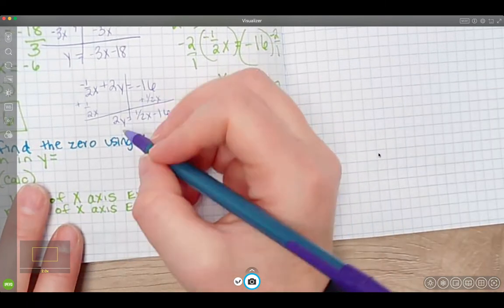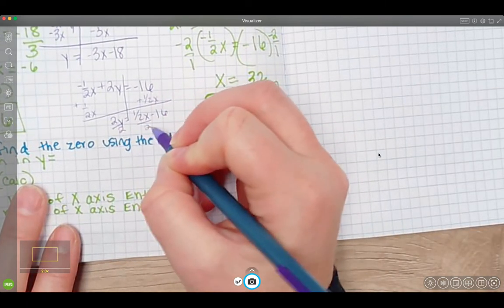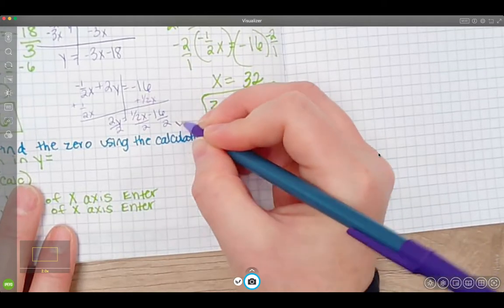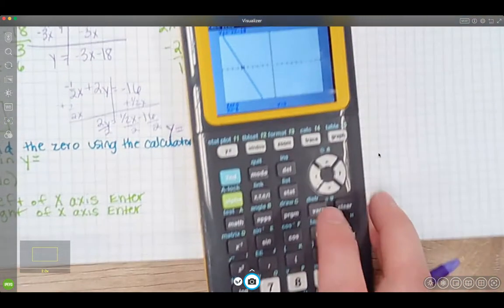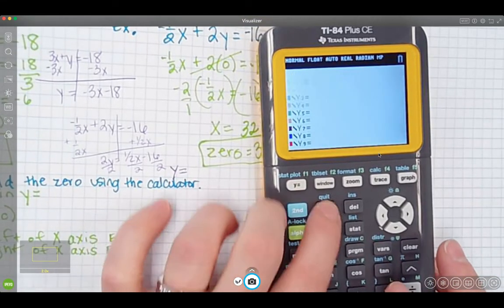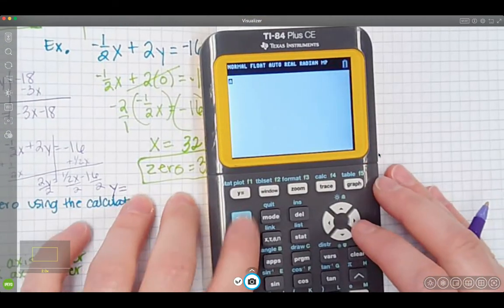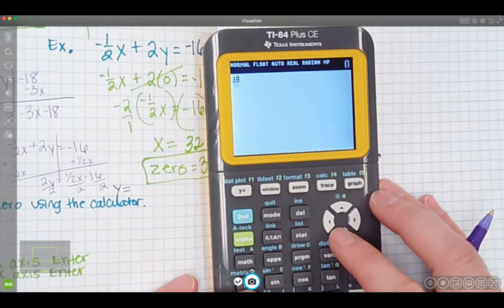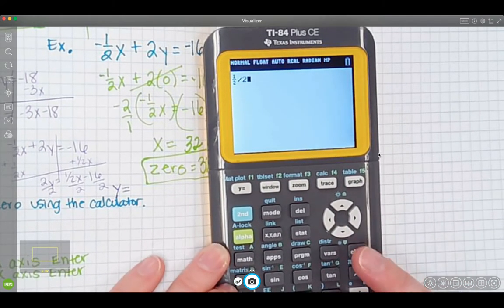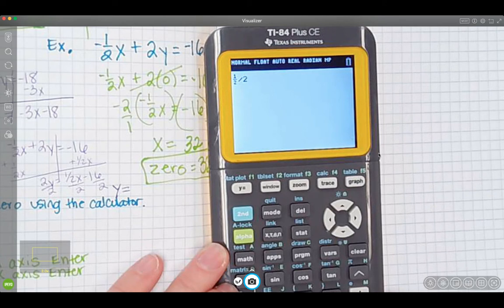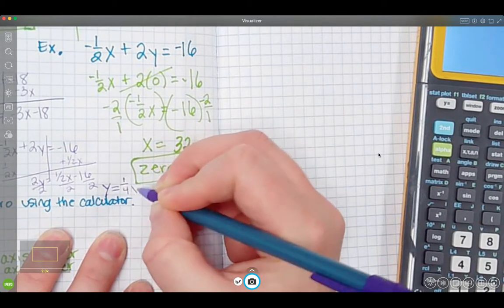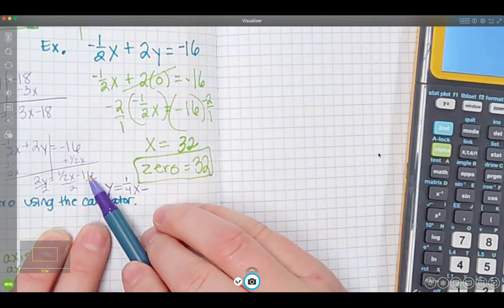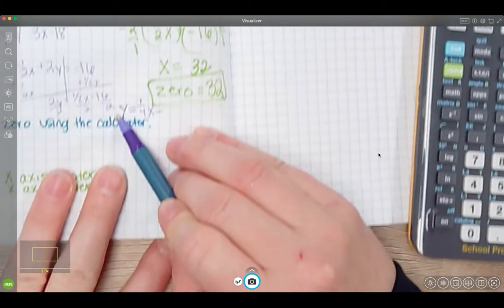Then I need to get rid of the 2 in front, so divide by 2 all the way through. So it's y equals half divided by 2. I'm not sure, so I'm going to use my calculator and do half divided by 2. Comes up with 1/4. So that means it's 1/4 x minus 16 divided by 2 is 8.